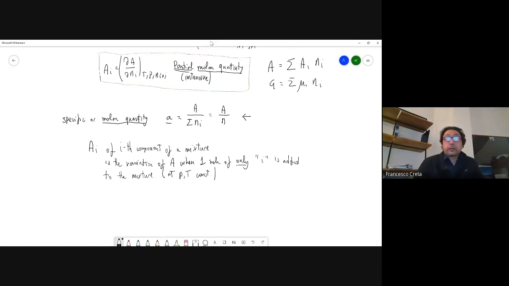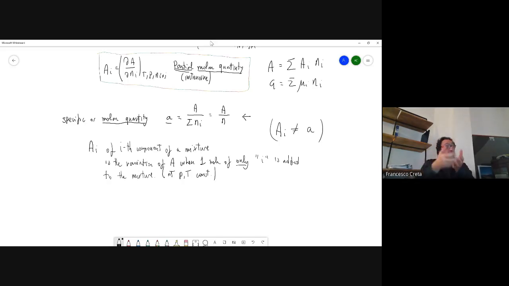So let's write it here. A_I is clearly not equal to the specific or the molar quantity, just to remind ourselves. If I have a mixture of hydrogen, oxygen, and water, and I have 5 moles of it, total number of moles, I add another mole, I am adding essentially another bit of the same mixture with the same composition.